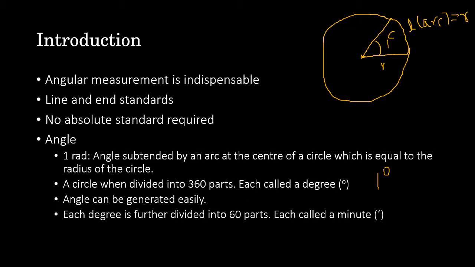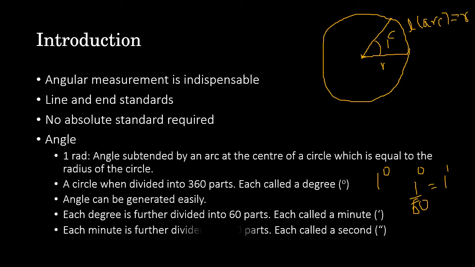When 1 degree is further subdivided into 60 parts, then each part is called a minute. Similarly, when 1 minute is further subdivided into 60 parts, then each part is called 1 second.